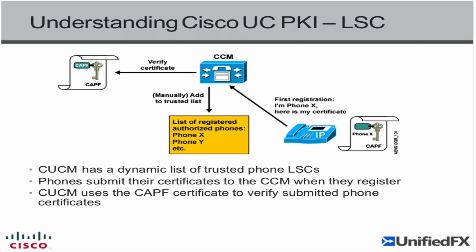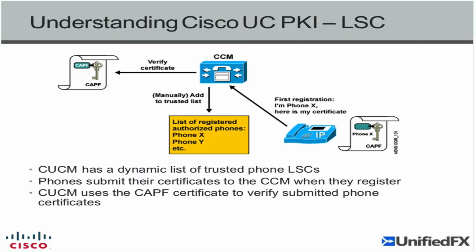But anyhow, all in all, what this means is that you do have the power to overrule the built-in certificates with a locally significant certificate, which is unique to each endpoint. It is not a common certificate like a Cisco signed certificate, which has a common name and so on. An LSC is very specific to an endpoint because it only gets created when you apply a secure phone profile to a phone, and then the phone downloads a certificate from Call Manager.